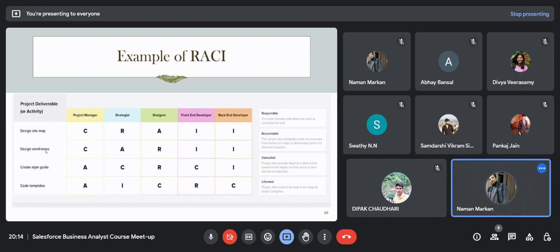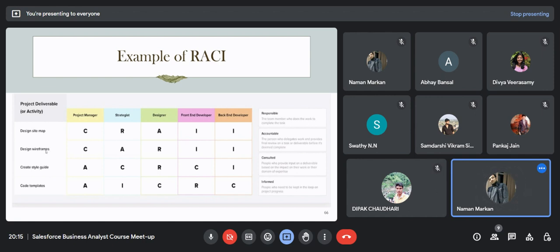Might be people from project management are your consultant persons, might be your customer is the informed person, might be your project manager or stakeholders are the consulted persons, might be the user is the informed person. But the informed person is always in the loop, so that they get an idea what exactly is going on in my project.